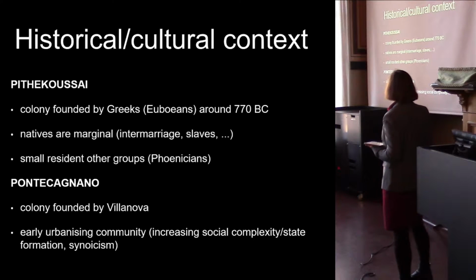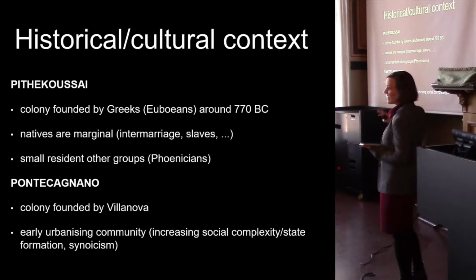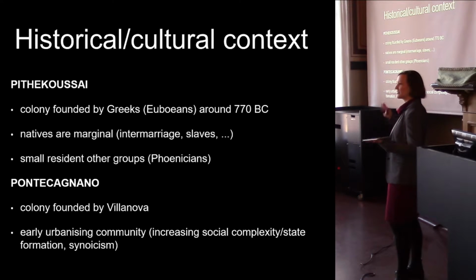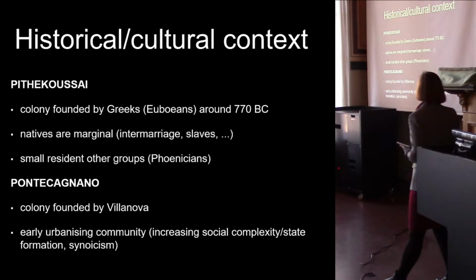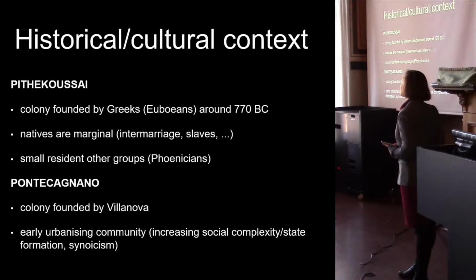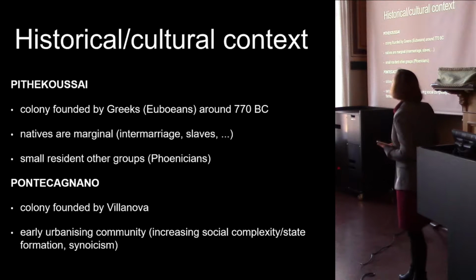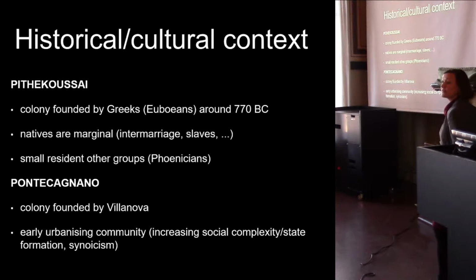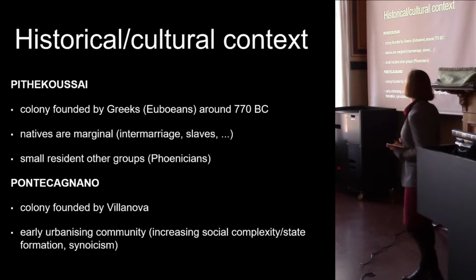Strabo and Livy, for example, say that this island was colonized by Greeks, so archaeologists think it was colonized by Greeks. The native population is seen as marginal, so either slaves, or they assume that native women might have married the first colonists, and there might have been small resident other groups, being Phoenician traders.